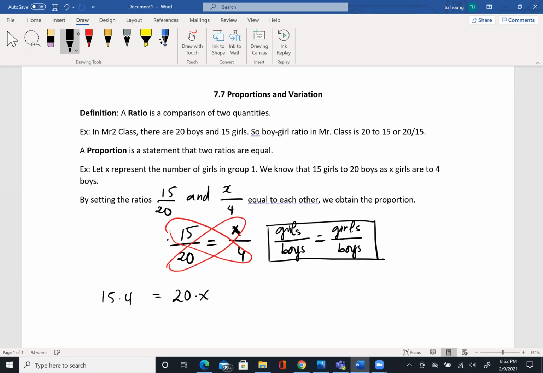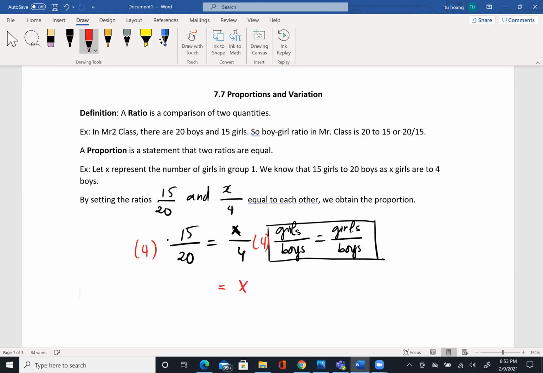20 times x, right? And then you can divide both sides by 20. Or you can actually multiply by 4 on both sides, which is even easier and quicker. So I'm just going to multiply by 4 on both sides instead of cross multiplying. You see that the right hand side now has only x.